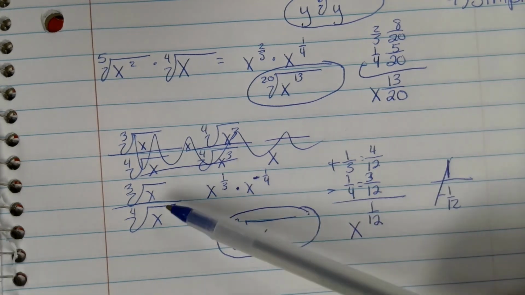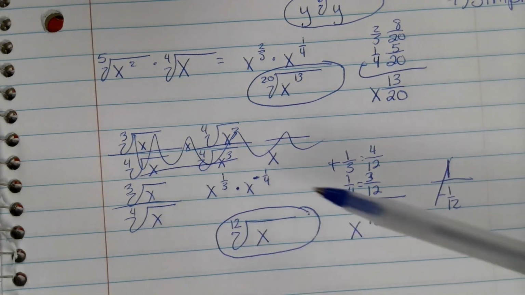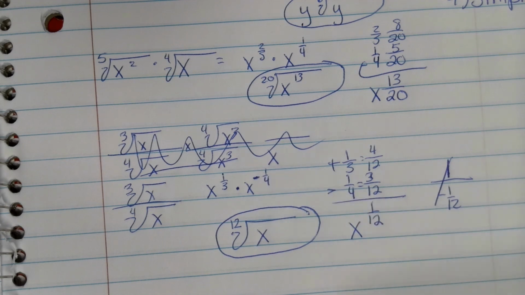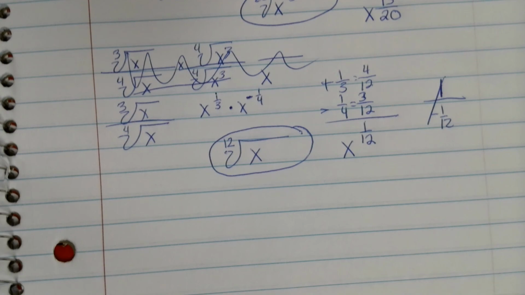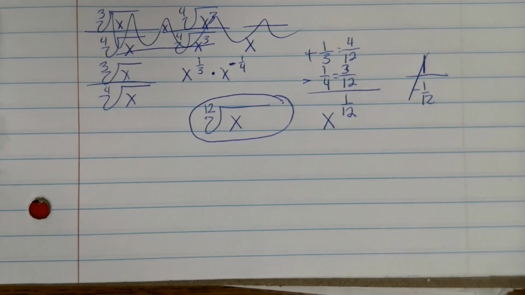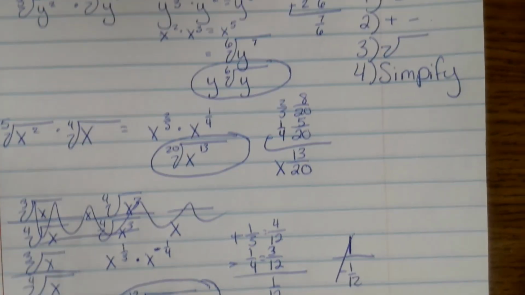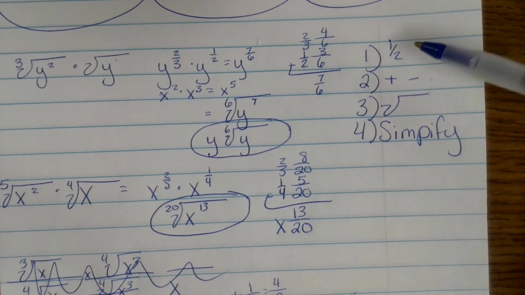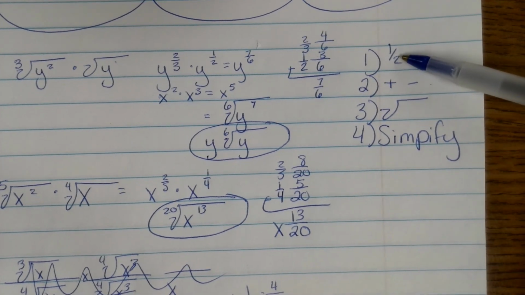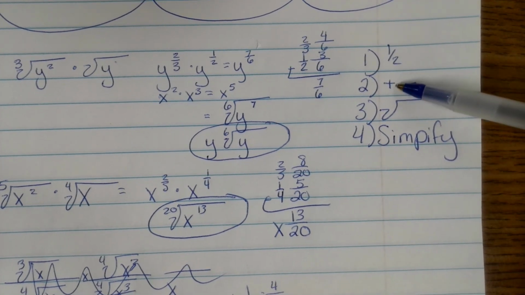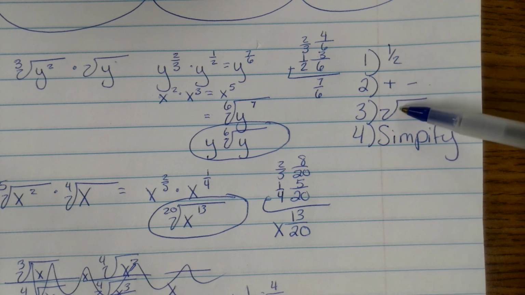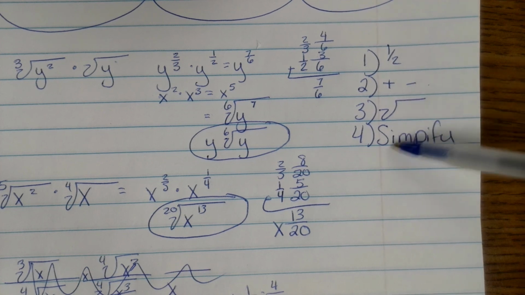So we subtracted when I had a denominator or a negative right up here. That should be enough for you guys to get started on your assignment for tonight. I will show you again your steps. You turn them into fractions if they're not already, then subtract or add, turn them into radicals, and simplify if possible.